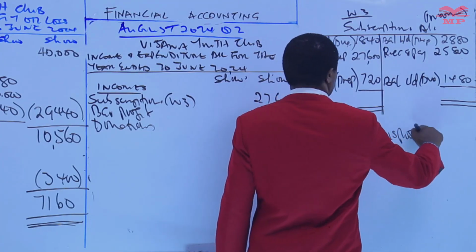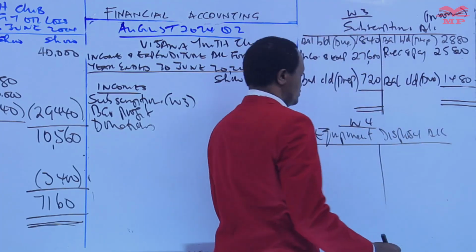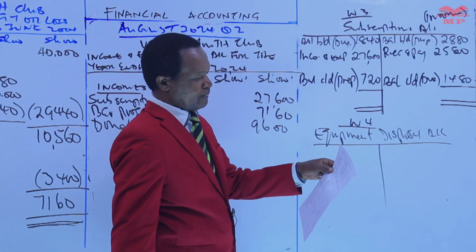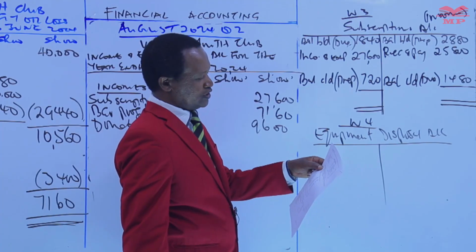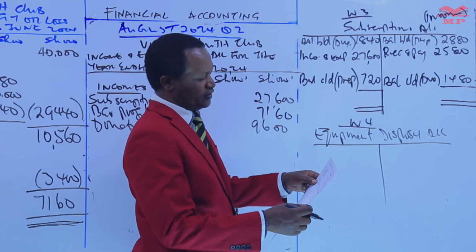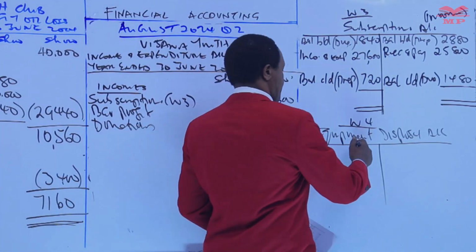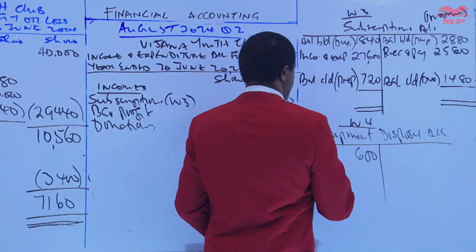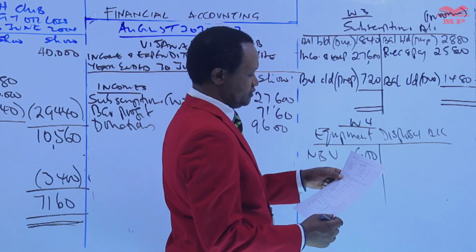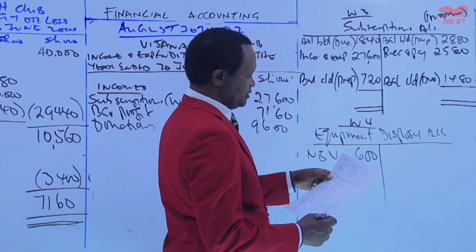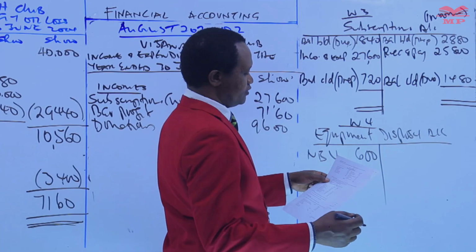So the equipment, we read during the year the equipment of net book value. So we have the net book value. The net book value is 600. Then it was disposed for 800.